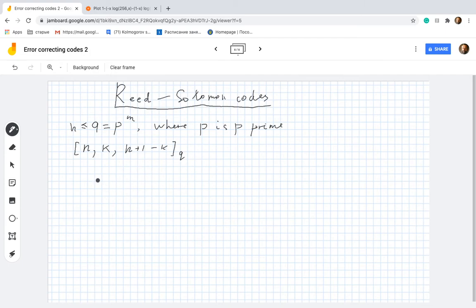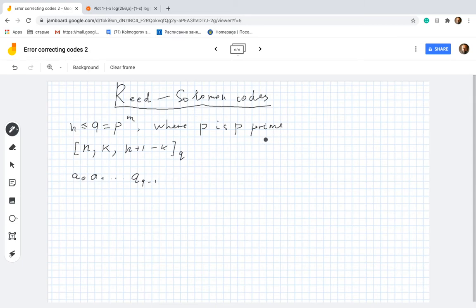And the code itself is the following one. The messages have k symbols, and we will denote them by a0, a1, ..., a(k minus 1).